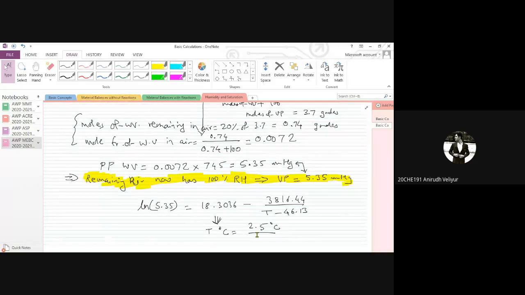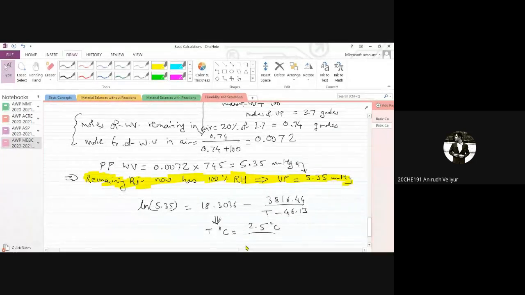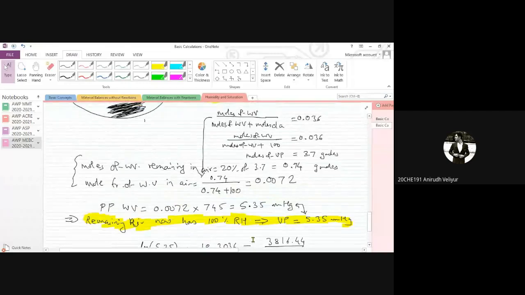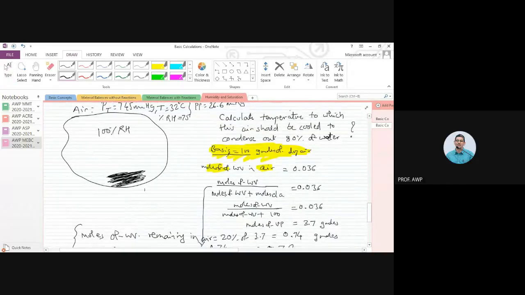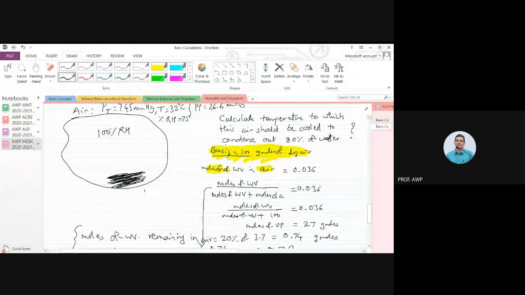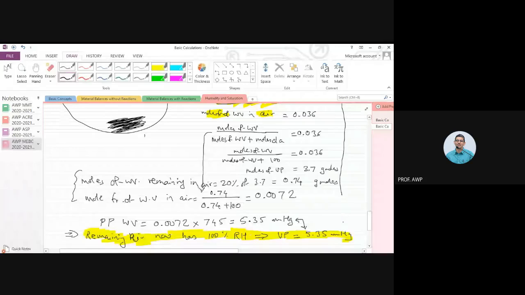Sir, am I audible? Yes, you're audible. For the 26.6 partial pressure, if we take the corresponding mole fraction and 20% of that remains in the air, can we do it accordingly, sir? Yeah, that makes sense. You do it any way you like. I am not advocating any method.